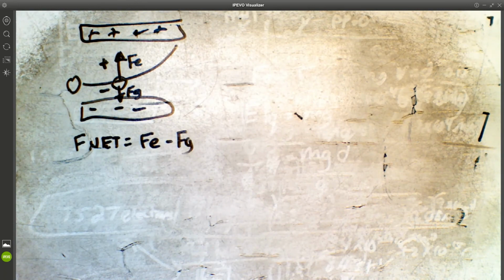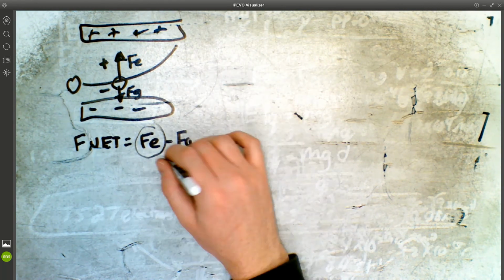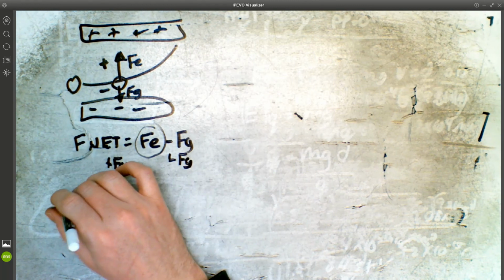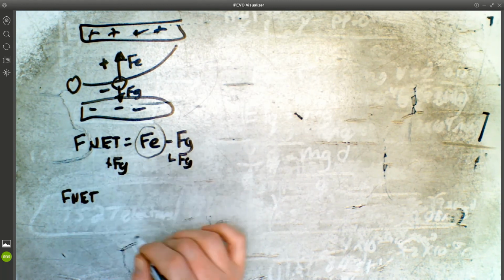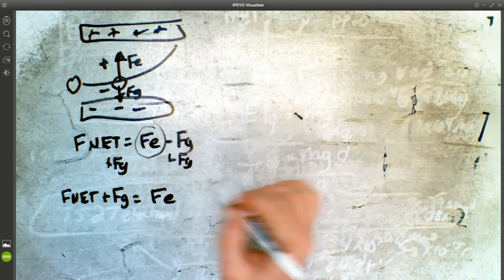So it's a little bit more work, right? We're trying to find the potential difference between the plates, which is in here. So I'm going to add Fg to both sides, and we get F net plus Fg is equal to Fe, and we can break all these down.